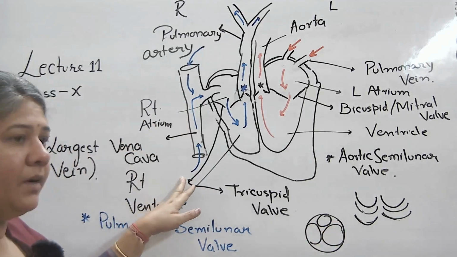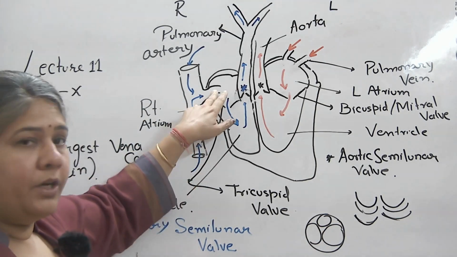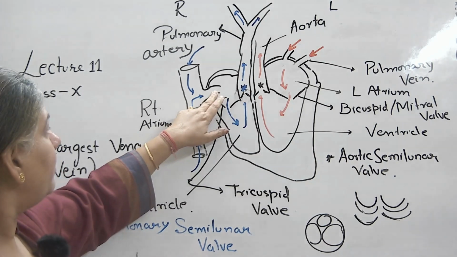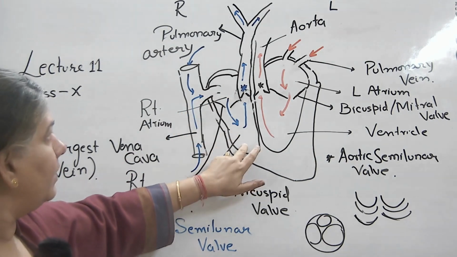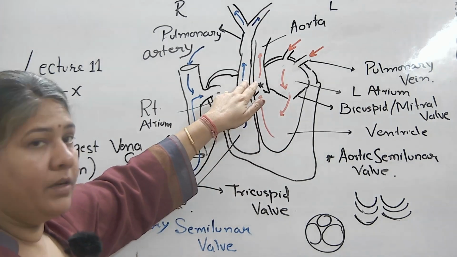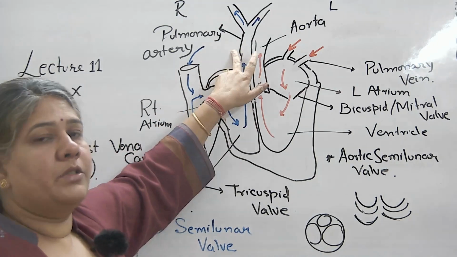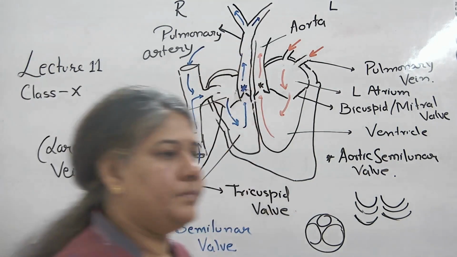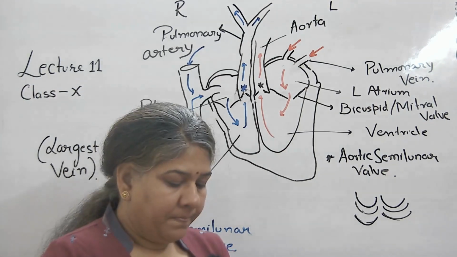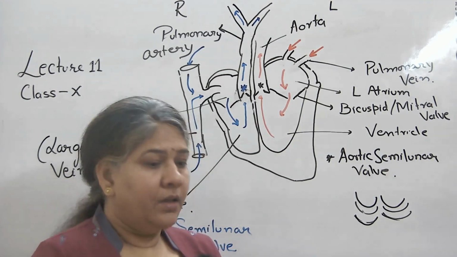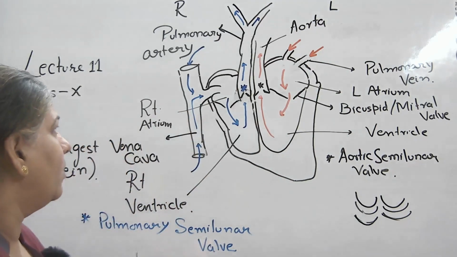And deoxygenated blood from the whole part of the body enters into the right atrium, then it is pushed into the right ventricle, then into the pulmonary artery, and then it is sent to lungs for oxygenation. So this is the structure of the heart and also the circulation which is carrying on.